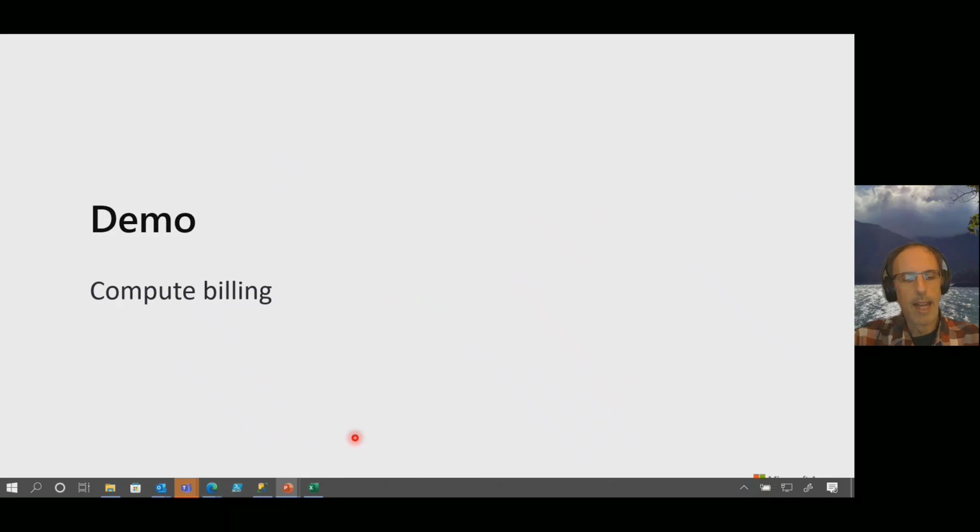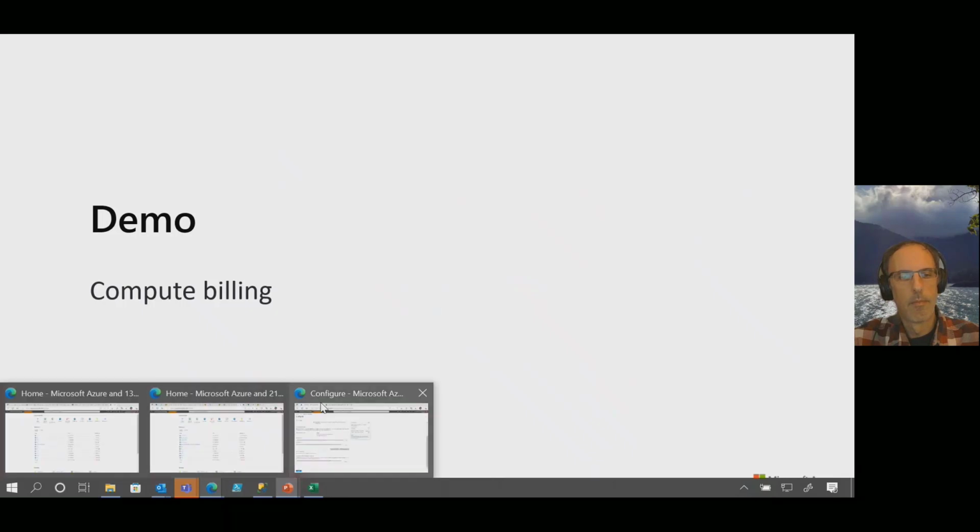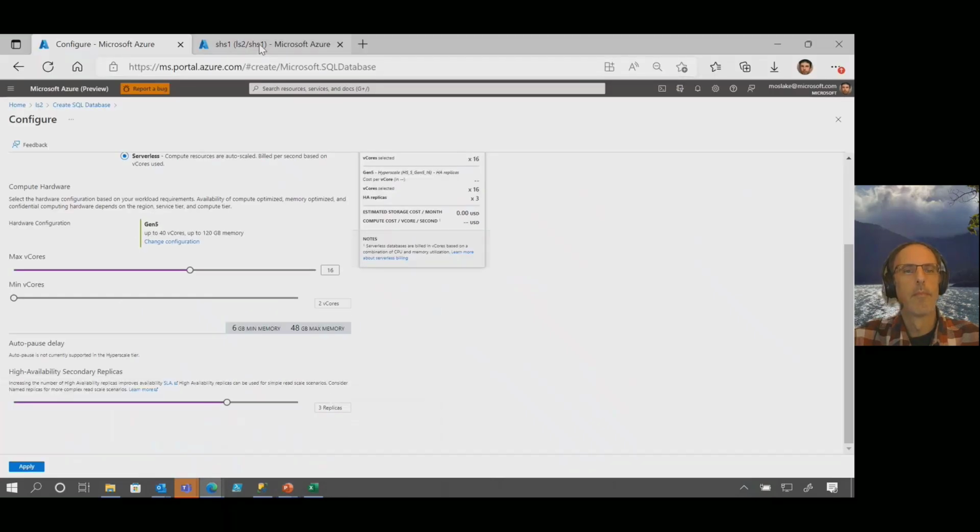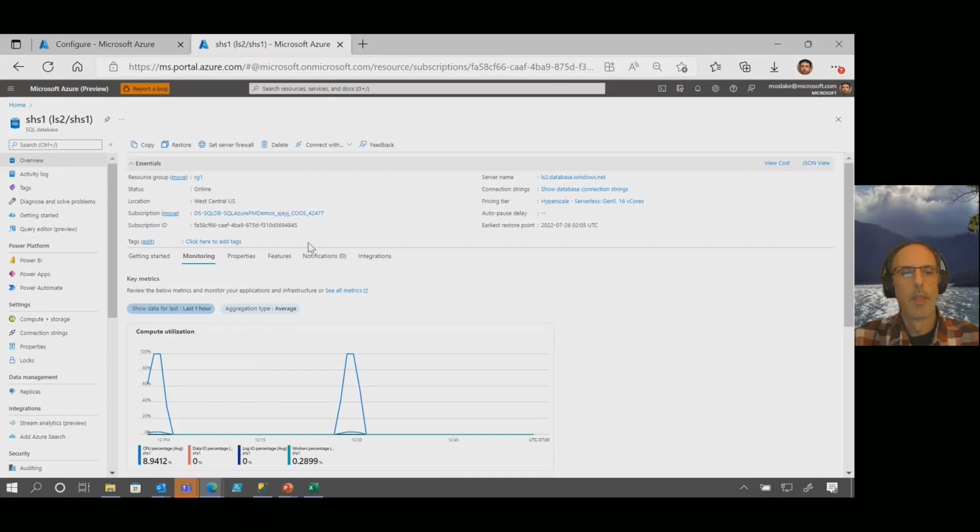So with that, I'd like next to demonstrate compute billing. Here again, I'm showing the Azure portal, the same server LS2, but in this case, a different database called SHS1.